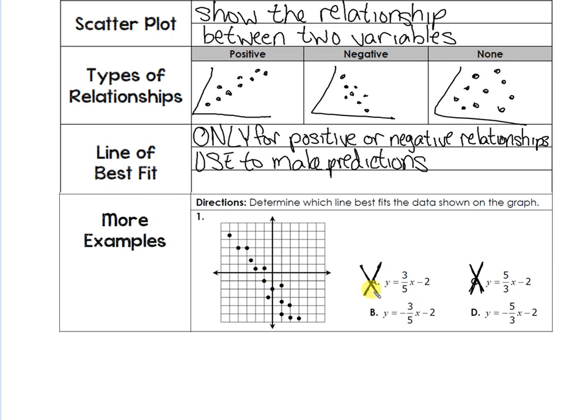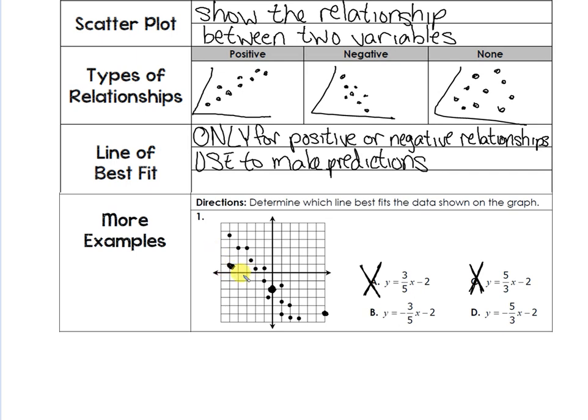When I look at B and D, both of them have a y-intercept of -2, which is right here. There's a dot. When I look at B, it's going down 3 over 1, 2, 3, 4, 5. I could go the opposite way, 1, 2, 3, 4, 5.